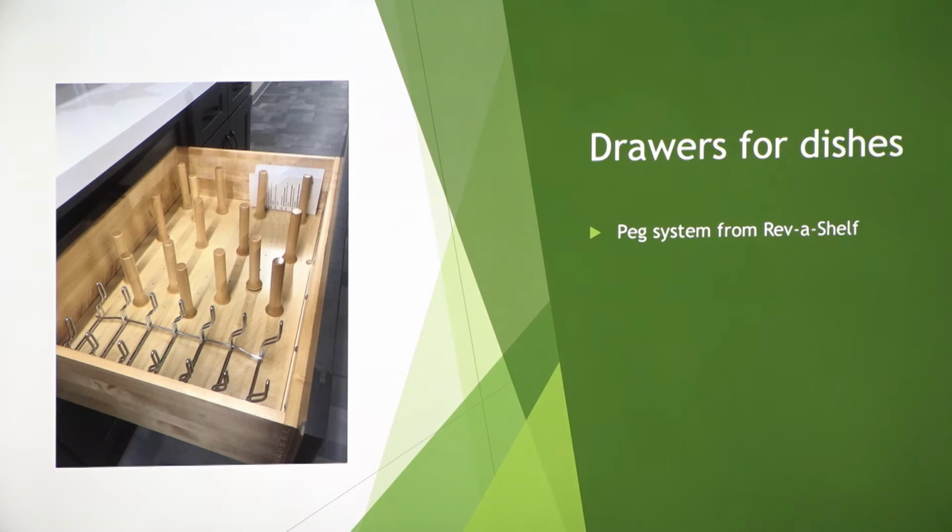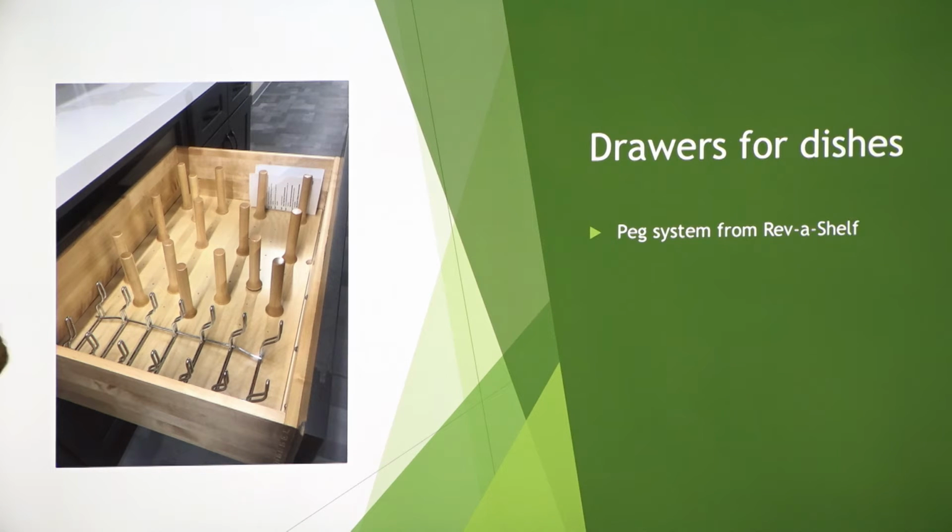Like I said, my mom was trying to bend down and fell backwards. So now drawers are very common in kitchen design, basically just wide drawers with peg systems for putting dishes, and shelving, within 28 to 48 inches of the space.